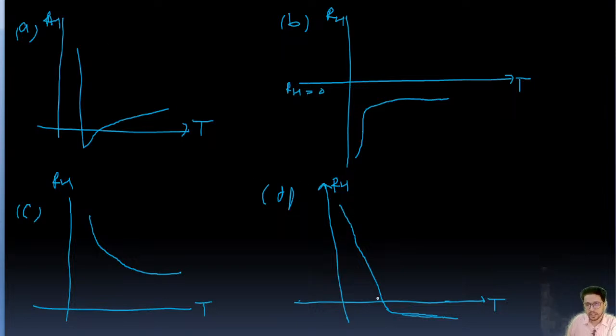Because you can see for low temperature RH is positive, at moderate temperature the RH value is 0, and at high temperature the value of RH is less than 0. So option D is the correct option.